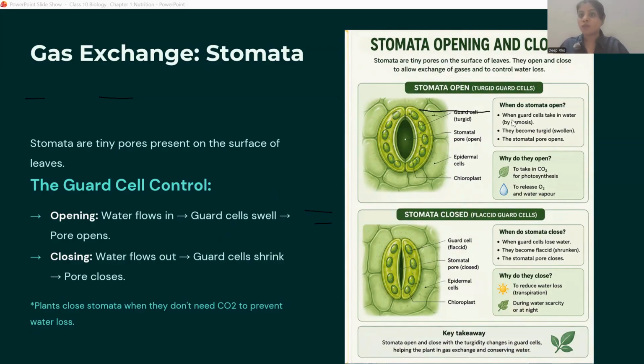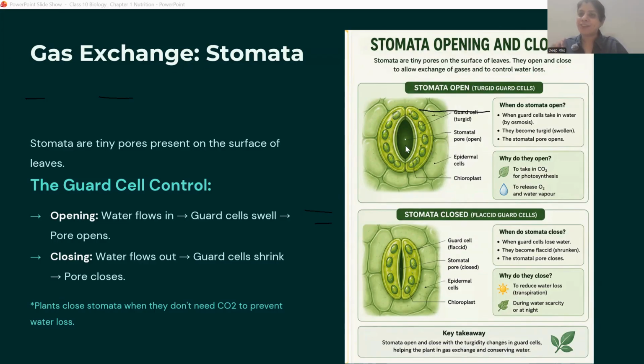When a guard cell takes water by osmosis, it becomes turgid and swollen, and the stomata open. To take up CO2 for photosynthesis, these guard cells help the stomata take carbon dioxide.